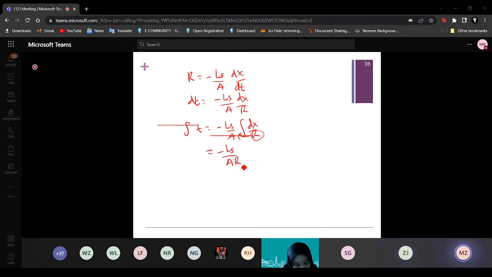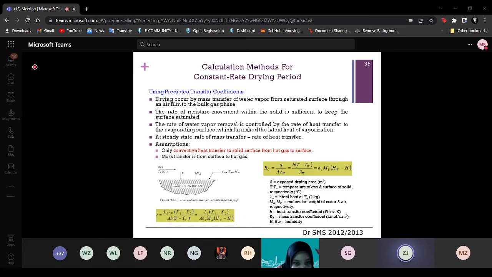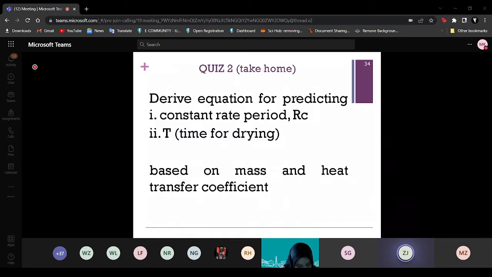So since R is constant, you put the notation as Rc to differentiate R constant and R falling later on. Integrate dx. So that's why finally you get T equal to Ls over A Rc, x1 minus x2. Okay, so you know the R value, then you can just put it, you know the area, you know the Ls, then you can get the time for drying at the constant rate period. Okay, ada soalan? Tak ada, simple kan?